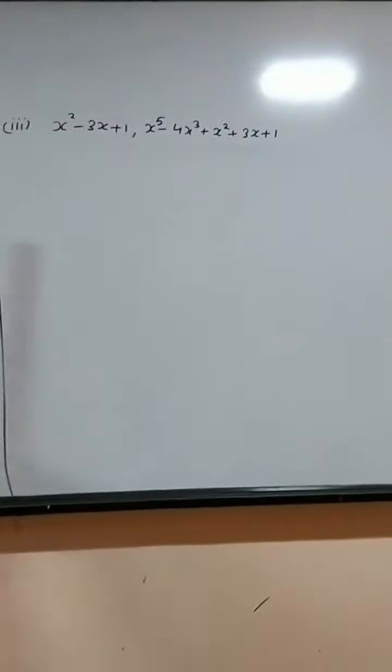Therefore, x square minus 5 by 3 is a factor of Px. Therefore, 3x square minus 5, taking LCM, is a factor of Px. So divide the polynomial by 3x square minus 5. Polynomial is what?